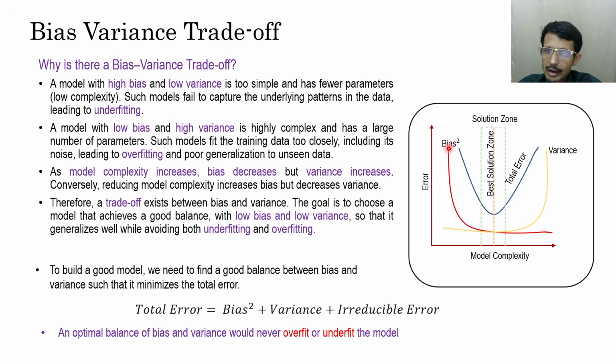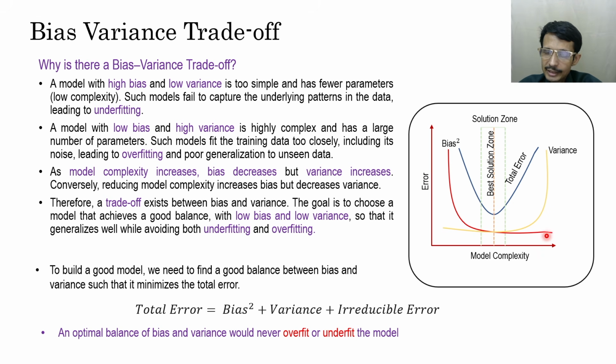This bias curve is actually the bias square curve, the red curve. With model complexity, bias is decreasing. It's very easy to understand because on this left side, the model complexity is simple, and when it goes complex, definitely the bias will be reduced.